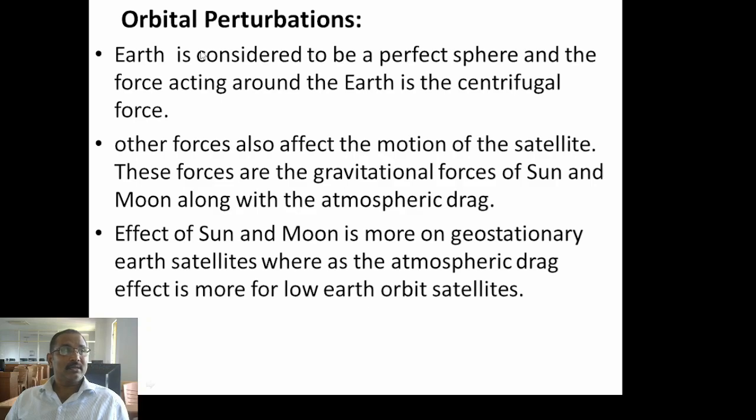If the satellite is close to the Earth, it will be affected by the Earth's atmospheric drag, and if it is far away, in geostationary orbit, it will be affected by the Sun's and Moon's gravitational force.